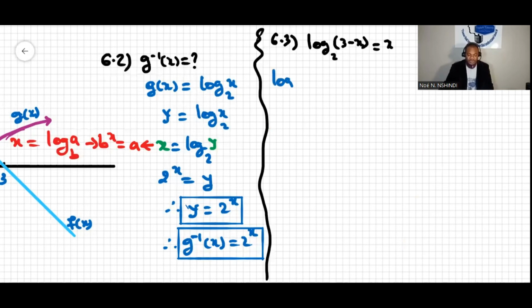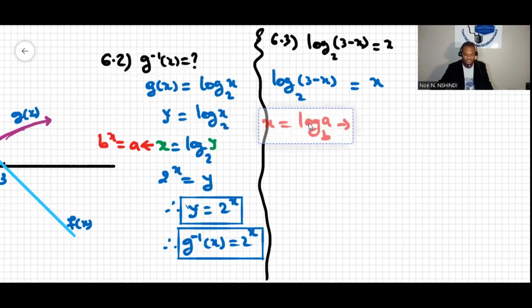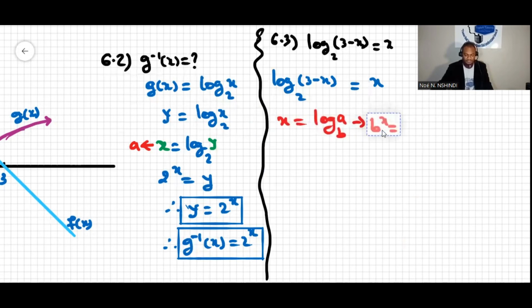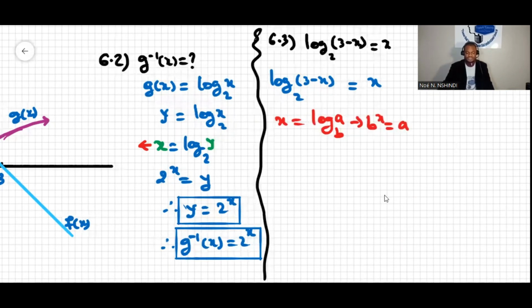If we apply this property of logs, this will mean that 2 to the power of x will be equal to 3 minus x, because b to the power of x equal to a.